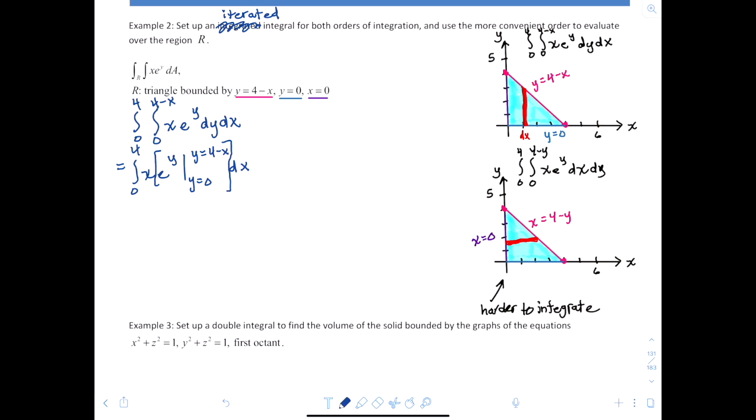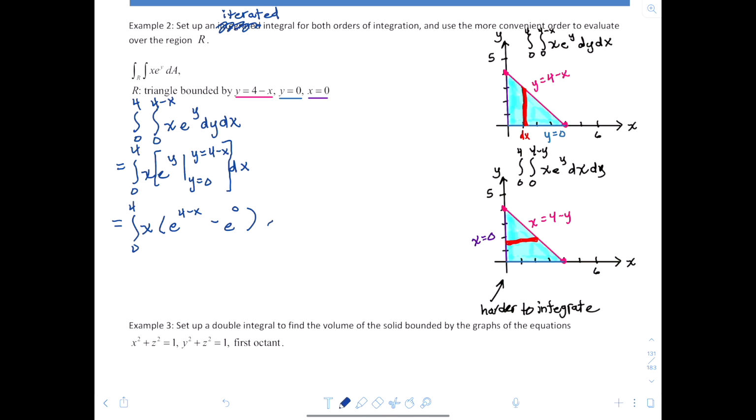All right, so that's going to be the integral from 0 to 4 of x times the upper limit of integration, which will be e to the 4 minus x, and then minus the lower limit of integration, we'd have e to the 0.